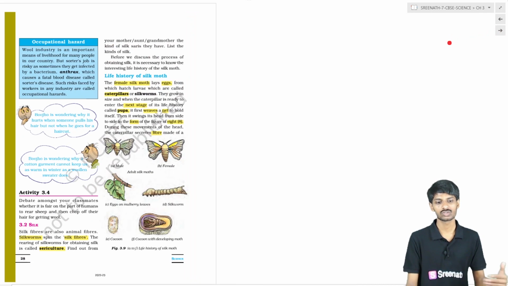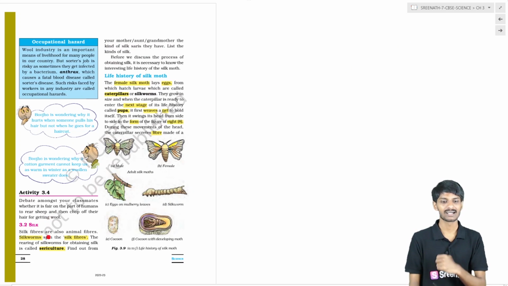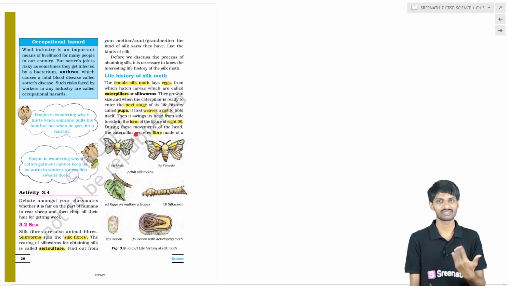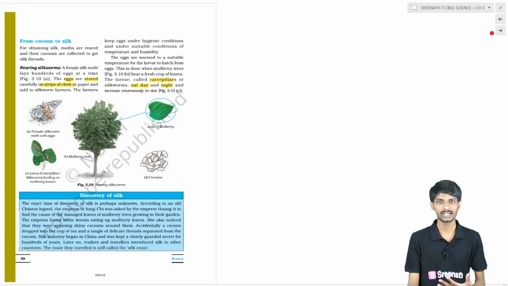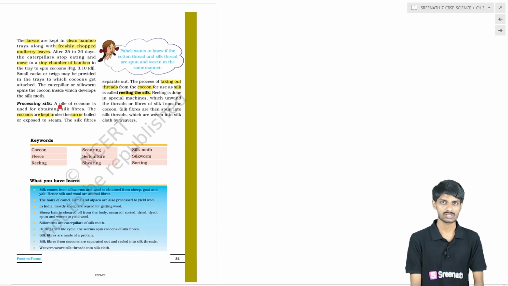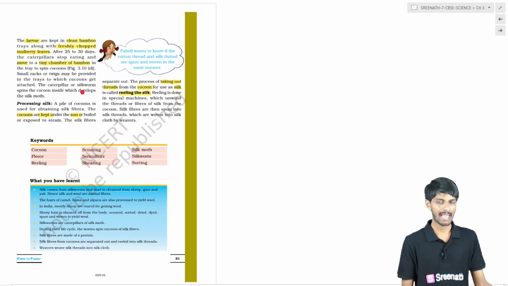We are going to discuss all of that about wool. The next topic is silk. What is the life history of the silk moth, and how is silk obtained from silk moths, basically from cocoon to silk? That is the processing of silk, how that happens.